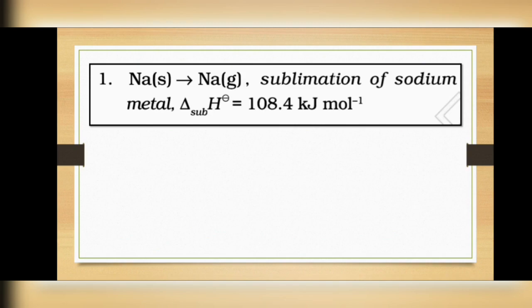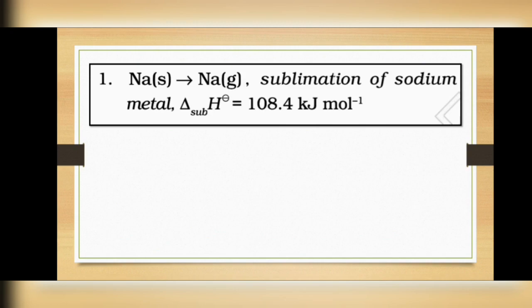Na is a metal, so it is in a neutral state. We need to get Na plus ion and Cl minus ion, then only we can combine them. So to get charges we need gaseous state. So first convert solid state to gaseous state.